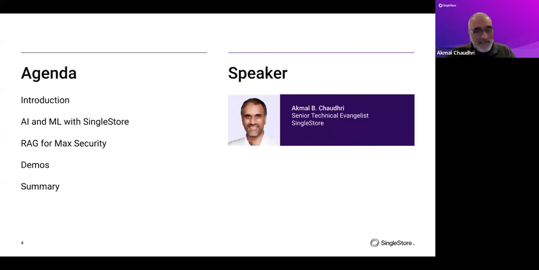So there we go. In terms of agenda, it's fairly straightforward. I'll do a couple of slides in terms of introduction, a little bit about the company and a high-level architectural view of the product. Then we'll very briefly cover some of the integrations that SingleStore supports, and then we'll get into the area of RAG for maximum security. There's a variety of ways that you can use SingleStore with RAG and LLMs, and we'll take a look at some of the options there.